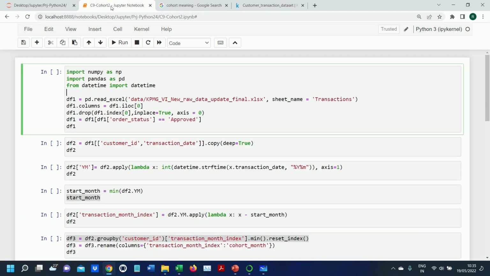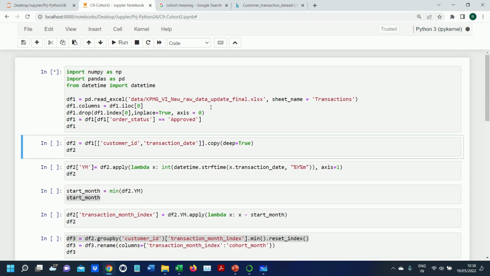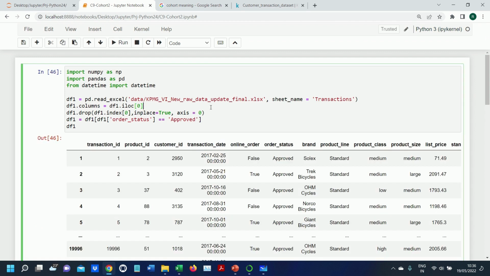Let's take this dataset in first. I'm reading this dataset into a data frame and setting the header. This is how it looks, same as what we have seen in this Excel sheet.